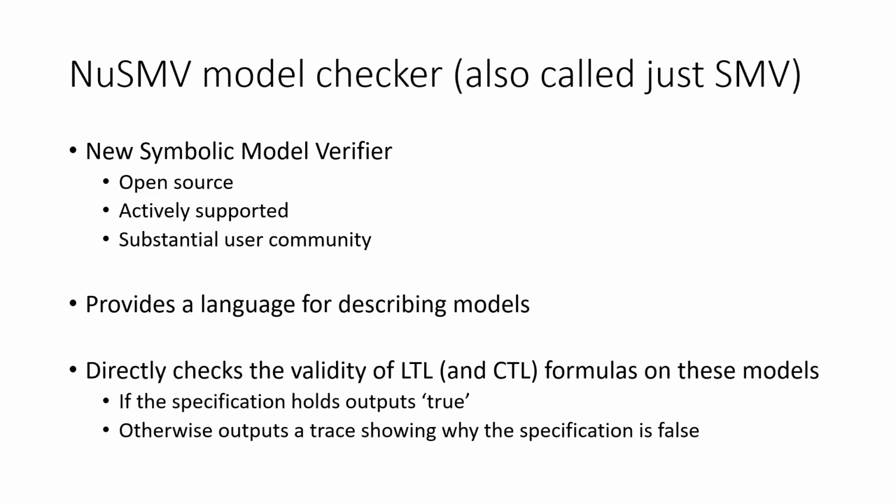This tool, nuSMV, can then check the validity of linear temporal logic and also these other computation tree logic formulas on the models. And it will tell us whether the specification holds. It will simply say, yeah, true. Or it will output a trace, which is some computation, an infinite sequence of state labels that violate the formula. And then it will say, well, this is false because here is your counterexample.